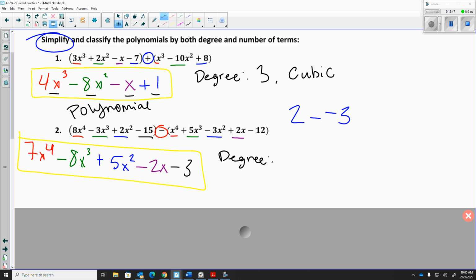Fourth degree. Fourth degree, so it is a quartic. How many terms? 1, 2, 3, 4, 5. So it's a polynomial. Wow. Cool.